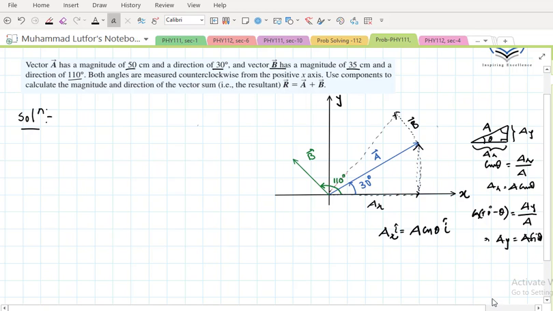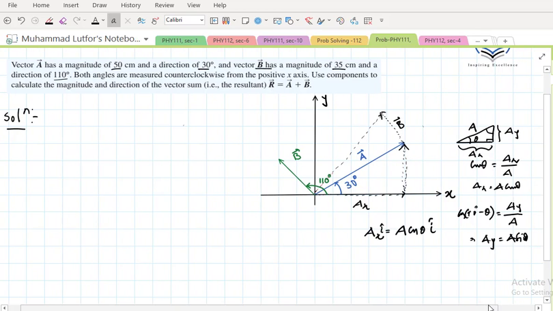That's how we use the component method. So this is your x component of vector A, and this is your y component of vector A, that is A y.